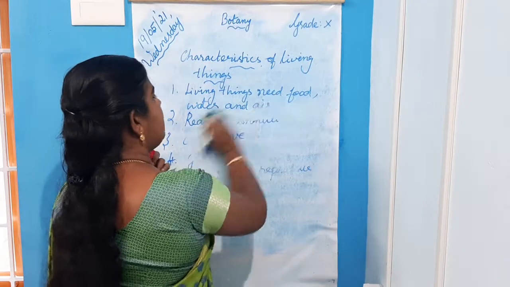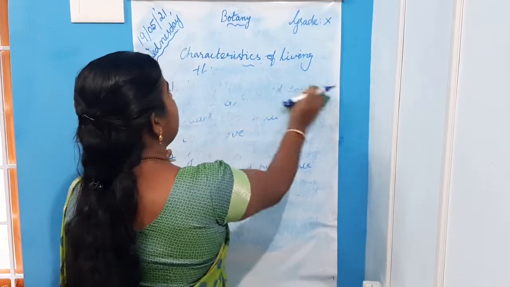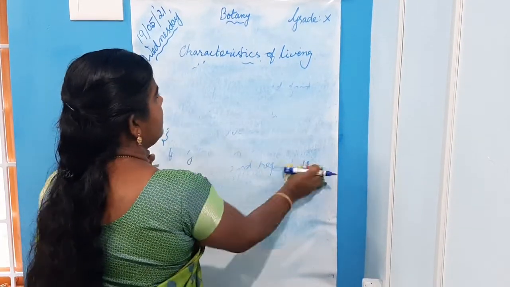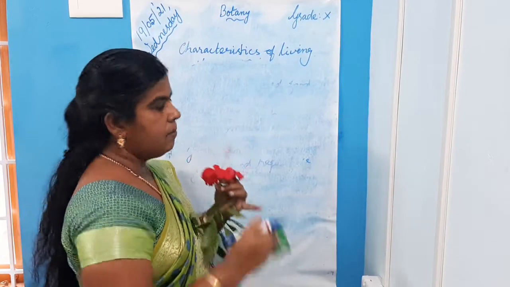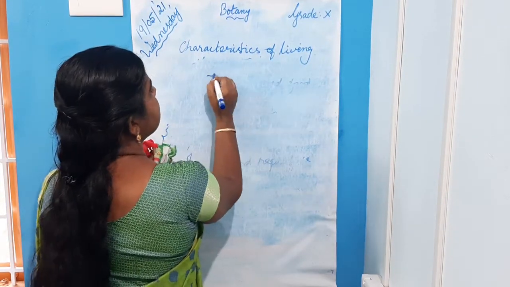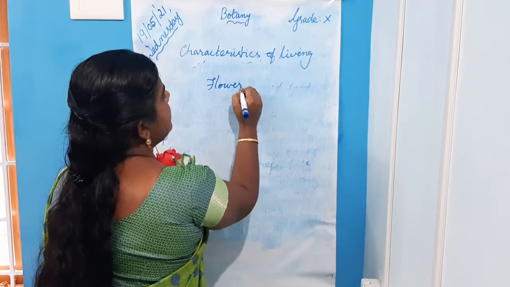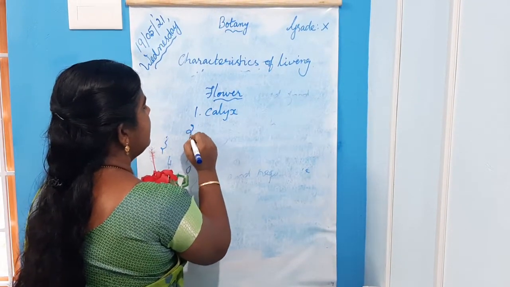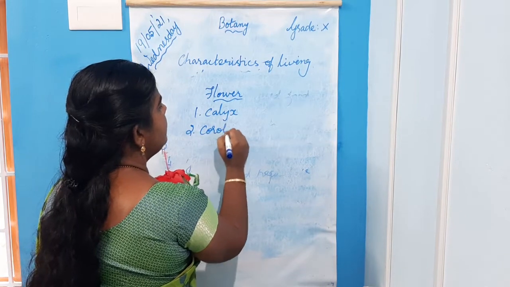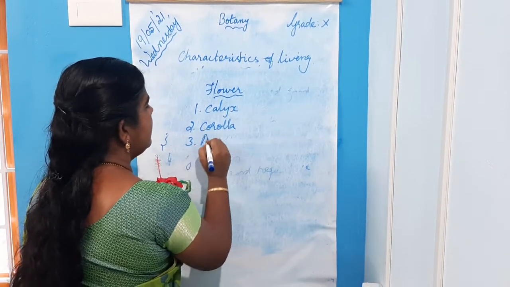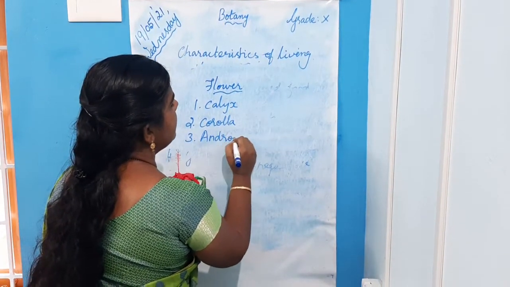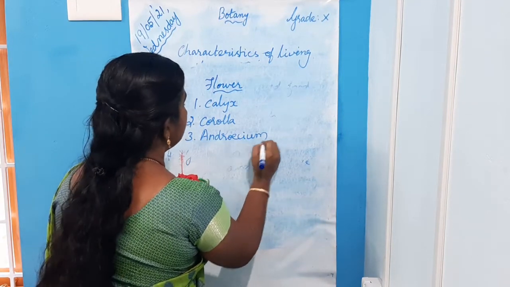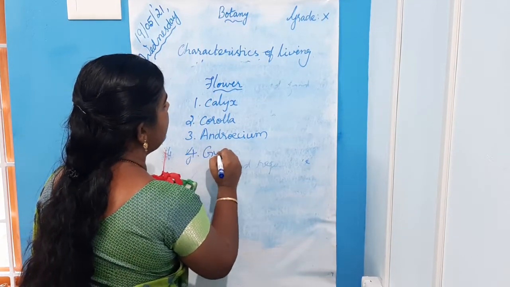Name the four floral parts. First is calyx, second one is corolla, third is androecium, and fourth whorl is gynoecium.